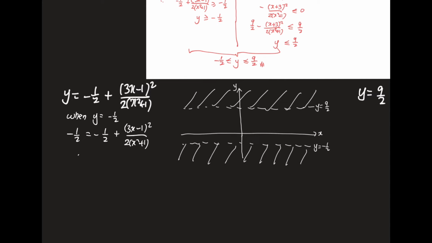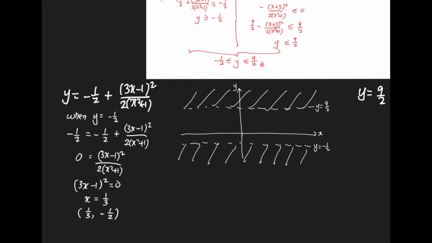Then I will get 0 equal to (3x minus 1) square over (2x square plus 1). And then I can bring the denominator over. I get (3x minus 1) square equal to 0. And then I can get x already, 1 over 3.